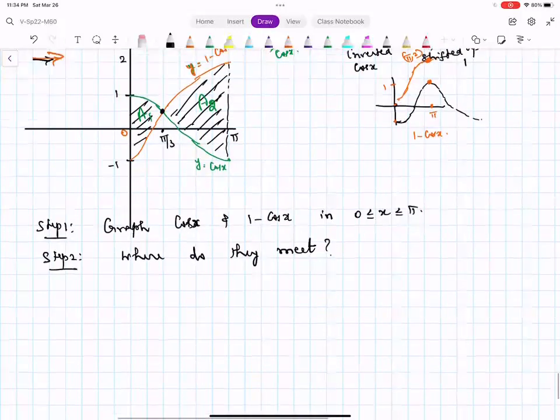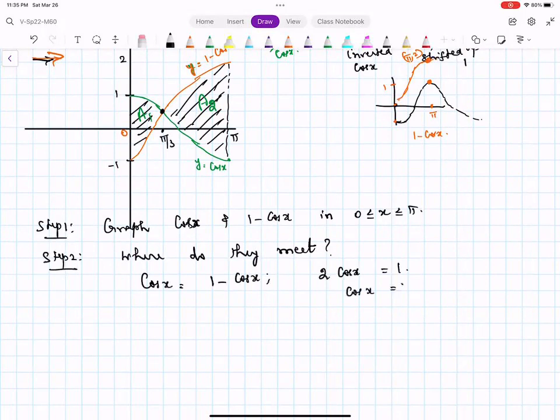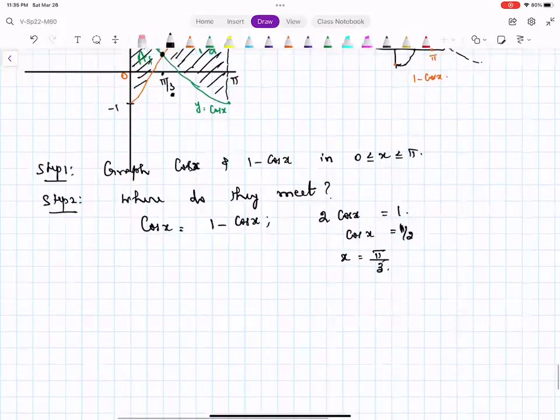What is the point of intersection? That is obtained by setting the two graphs to be equal. If you move all the cosine x to one side, you get 2 cosine x equal to 1, or cosine x equal to 1/2, which means x equal to pi over 3. So x equal to pi over 3 is the point of intersection, where the two graphs meet.